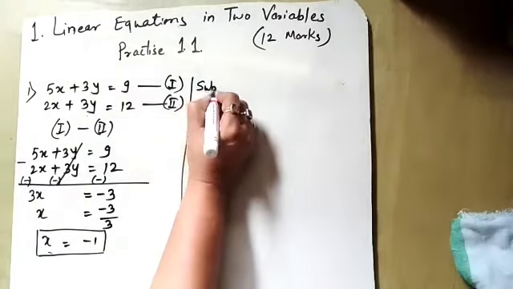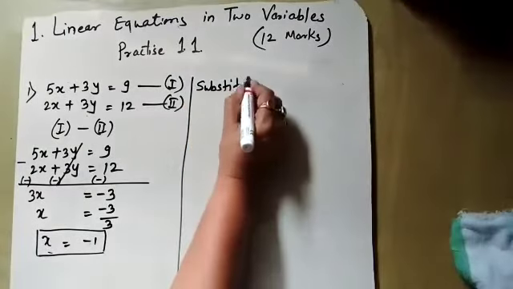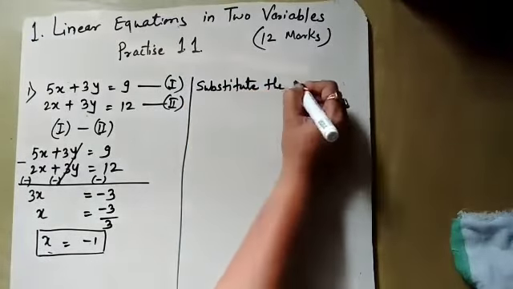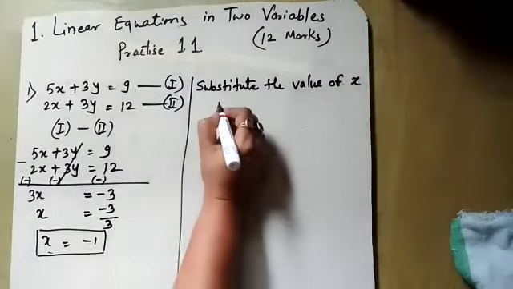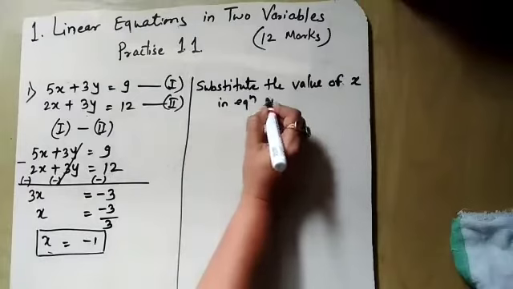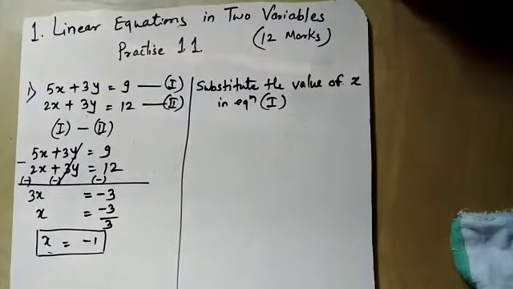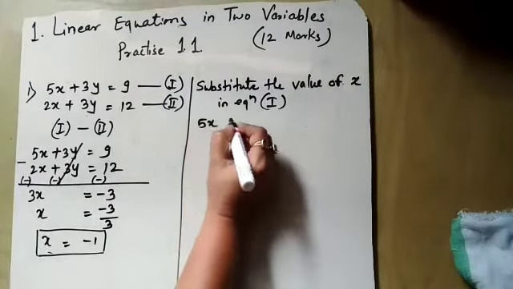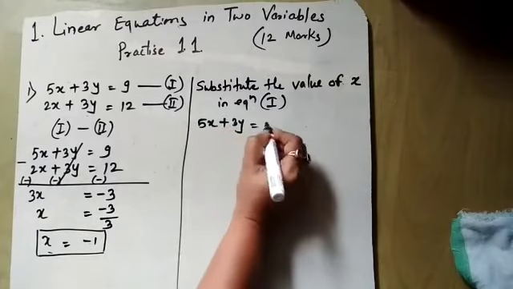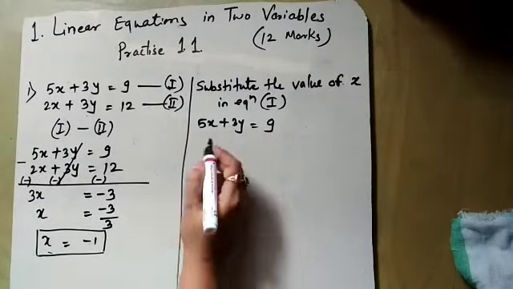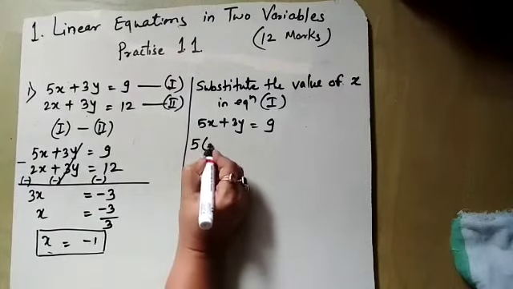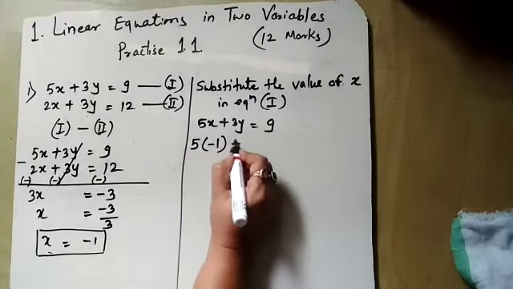So I will substitute the value of x in equation 1. Equation 1 is 5x plus 3y equal to 9. Value of x is -1. So in place of x, I will write -1.